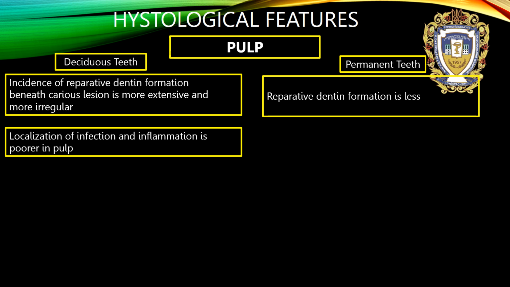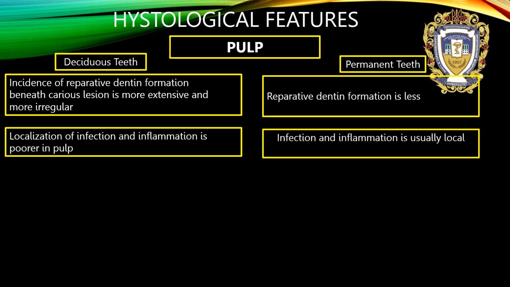Next point, localization of infection and inflammation is poorer in pulp in temporary teeth. Instead, in permanent teeth, infection and inflammation is usually local.